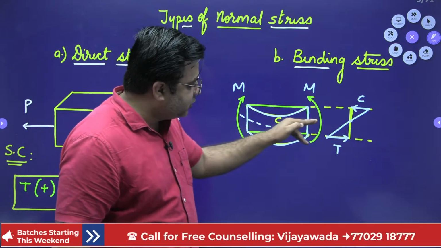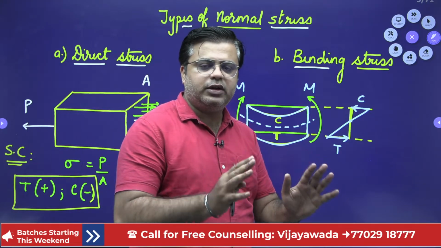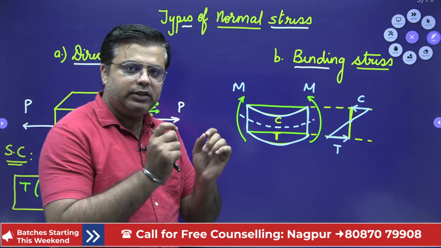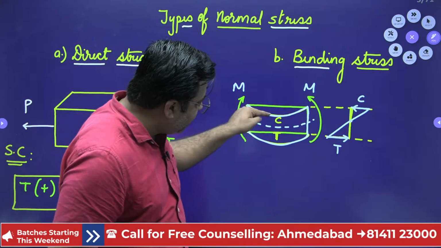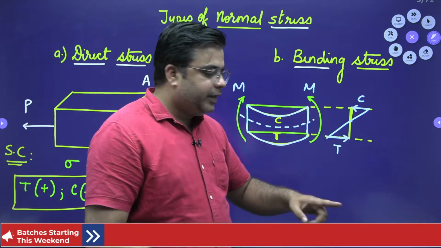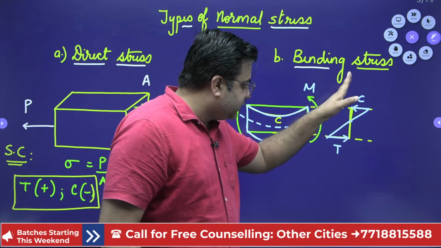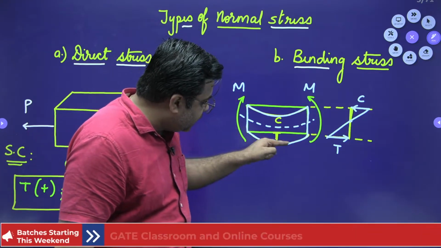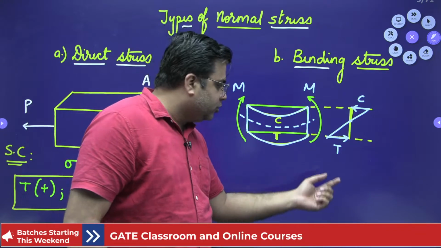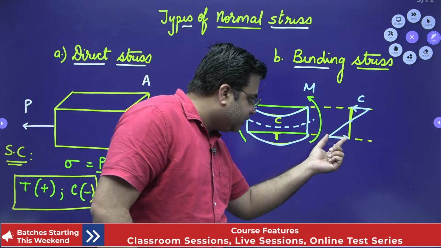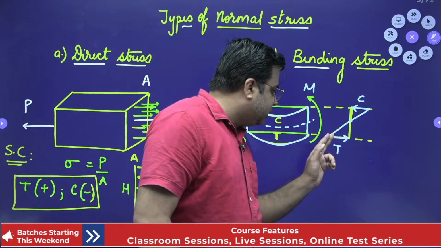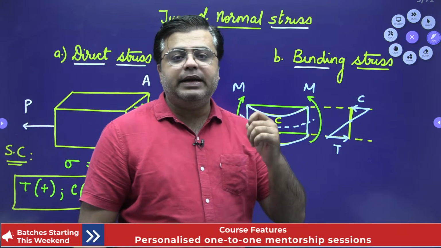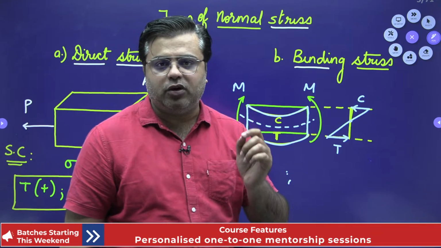What do we mean by this dotted line? Just don't think about all these things right now. Right now, focus on the fact that this top fiber is getting compressed due to this compressive stress which is acting perpendicular to the cross section. And this bottom fiber is getting extended due to this tensile stress. Both these stresses are acting normal to the cross section. Hence, the bending stresses are termed as normal stresses.